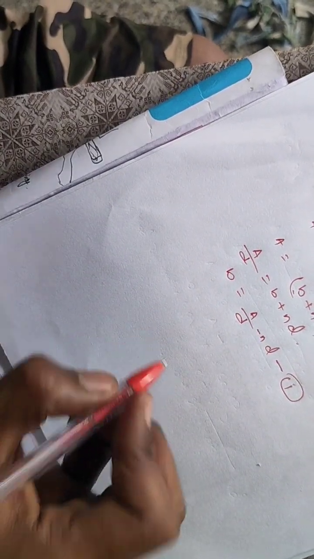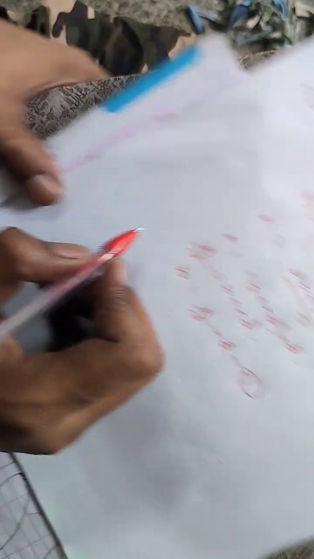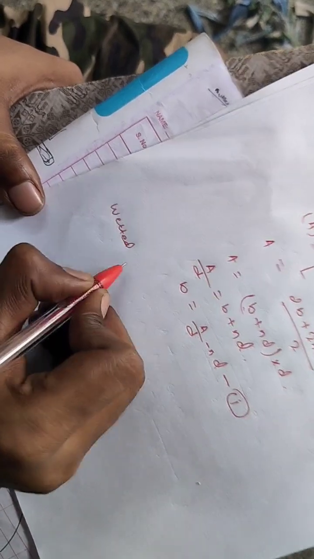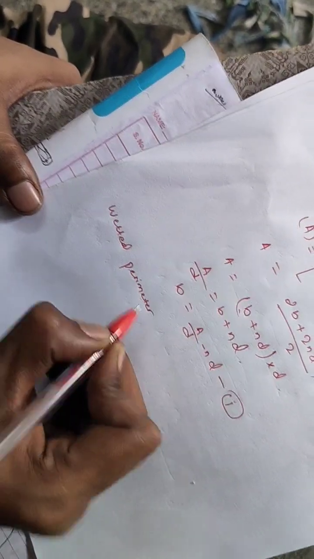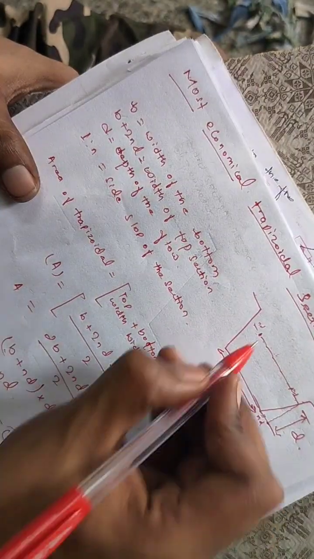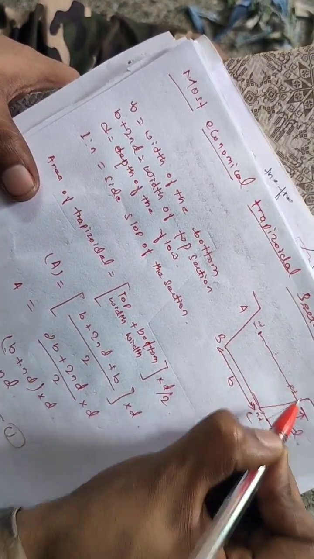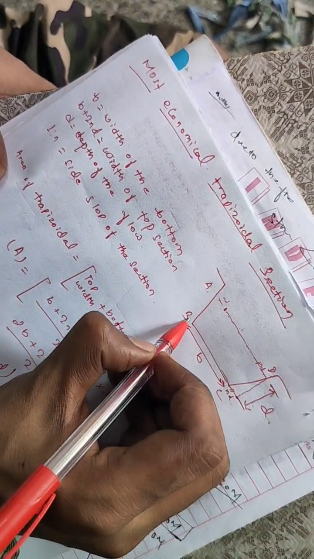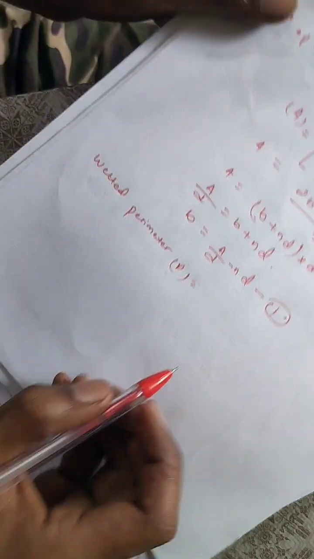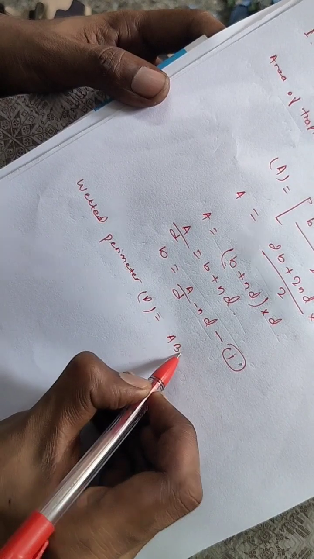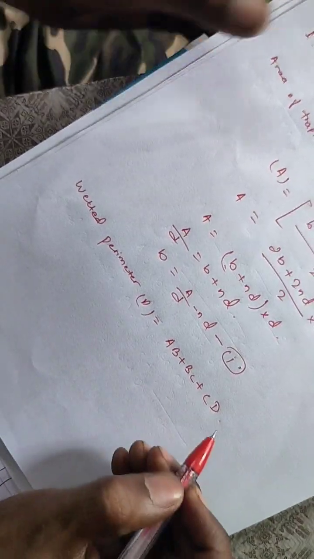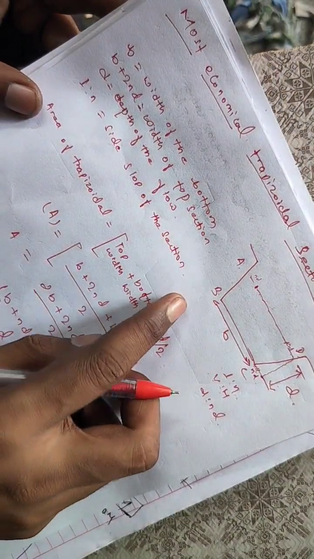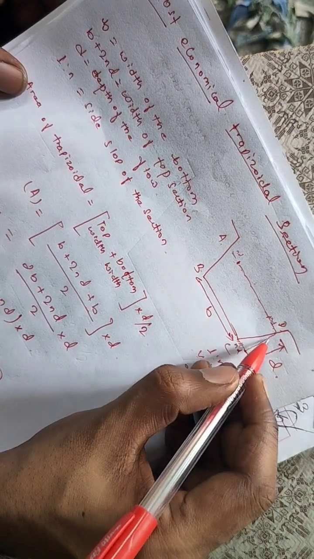Now we know that the wetted perimeter P will be equal to, from the figure, if you take A, B, C, D, then the wetted perimeter will be A to B plus B to C plus C to D. If you see the figure, A to B, now I am going to draw this as a triangle.